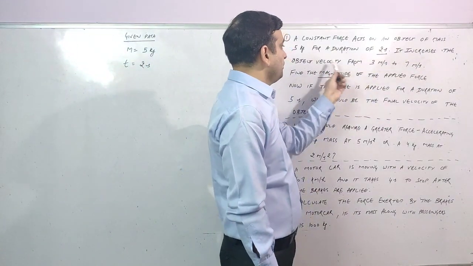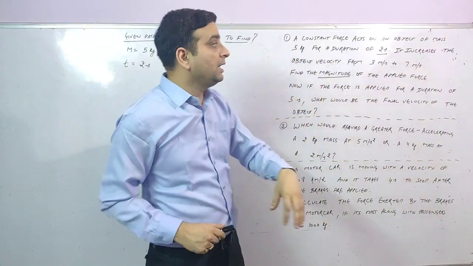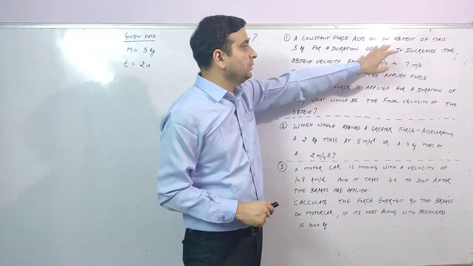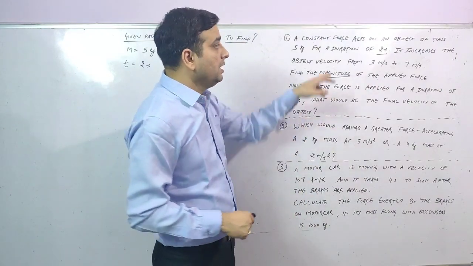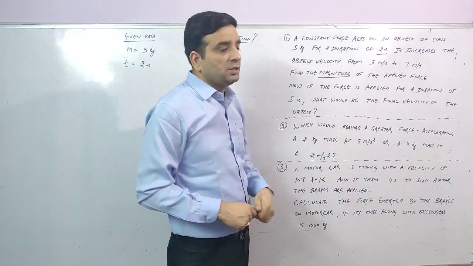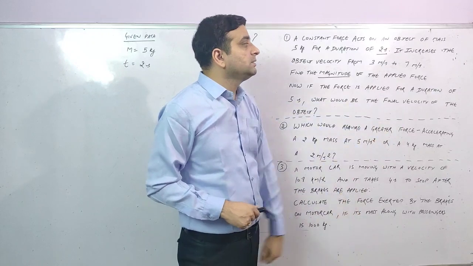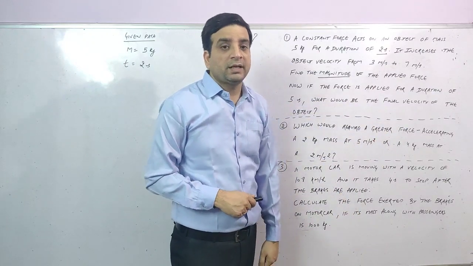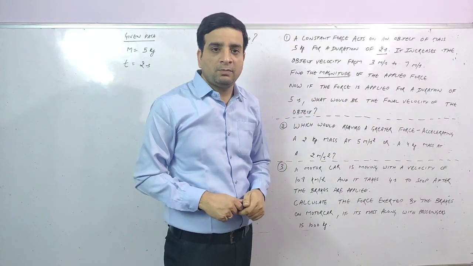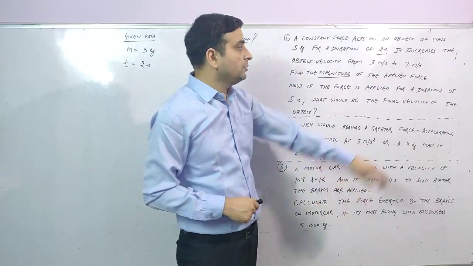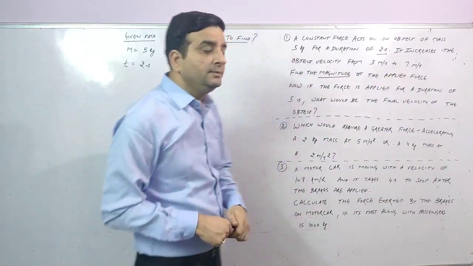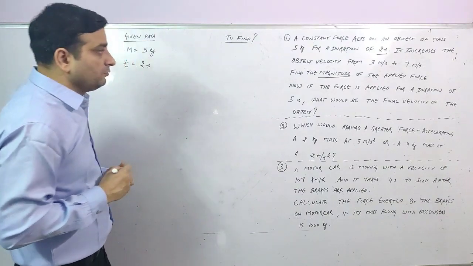It increases the object's velocity. The force we applied on the 5 kilogram object, for how long? For 2 seconds. It increases the object's velocity from 3 meter per second to 7 meter per second. What was the velocity in the beginning? 3 meter per second. After application of force, the velocity changes to 7 meter per second. So what does it mean?